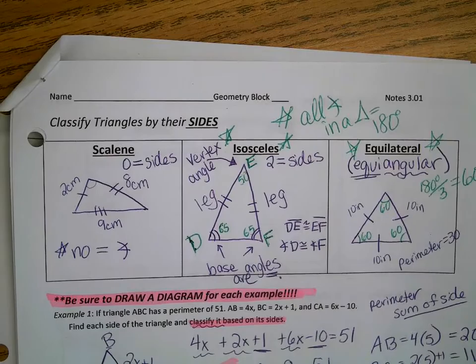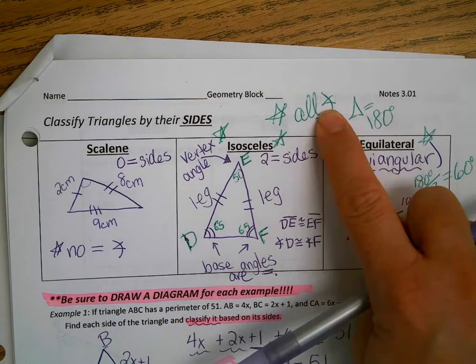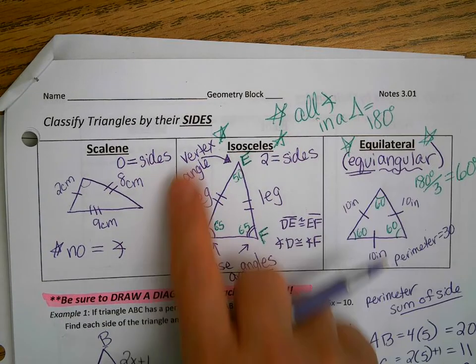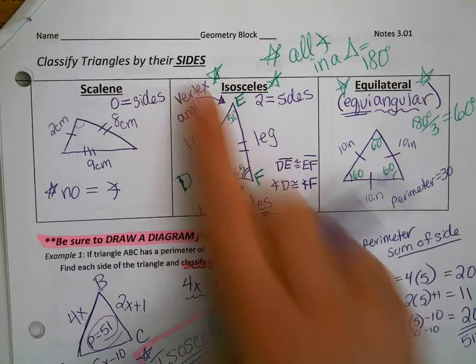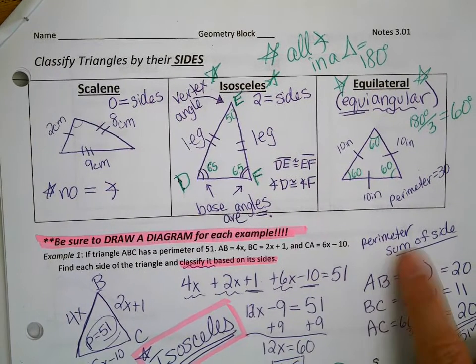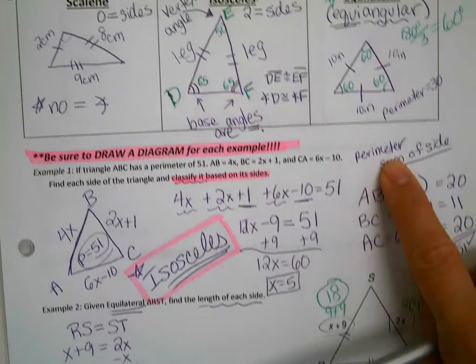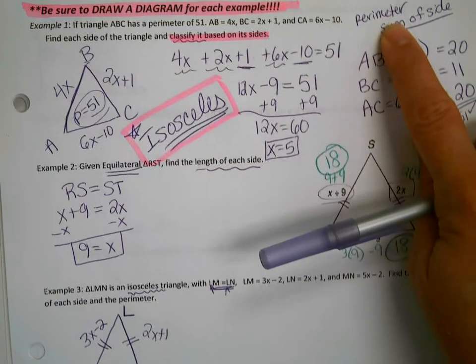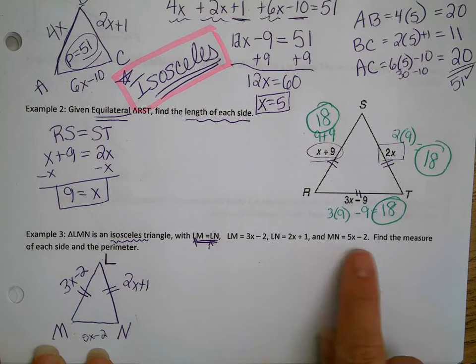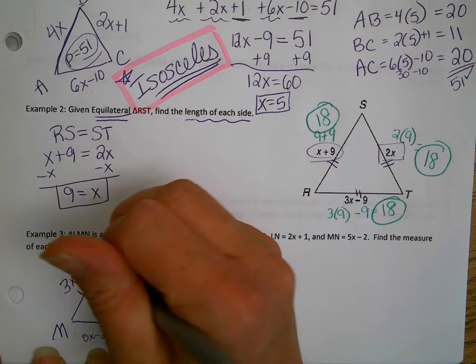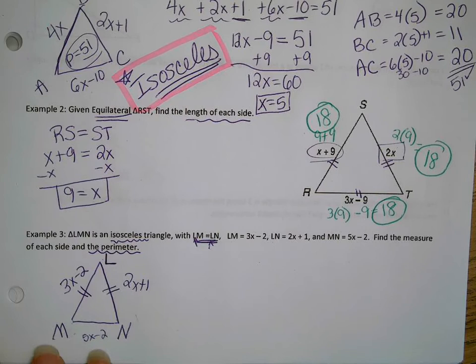Way back up at the top of the sheet, I said all angles add to 180. But on this side of the paper, we're talking about side measurements. Sides add to a perimeter, not 180. So they have to be telling you the measurement all the way around. Here we're going to find the measure of each side and find the perimeter at the end.